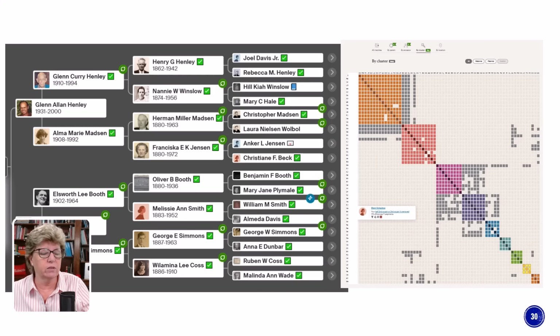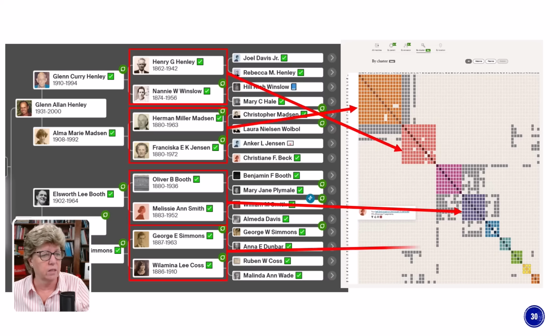Now you could even do this yourself. Create a PowerPoint presentation, grab a screenshot of the clusters, and then you could go, okay, this one belongs to this cluster, this group belongs to this cluster, and this ancestral couple belongs to this cluster, and you can see how the different clusters match up.